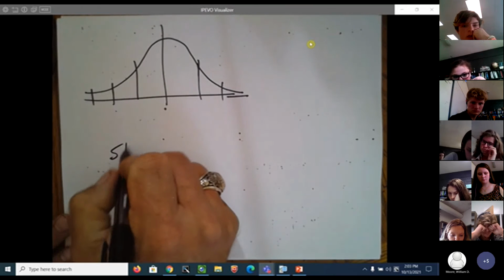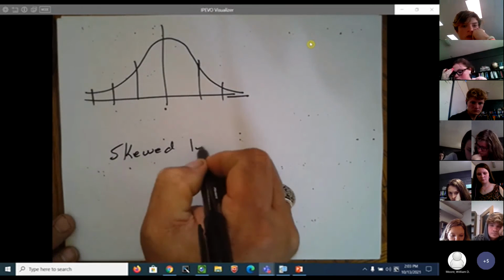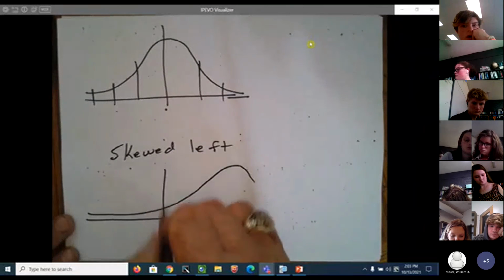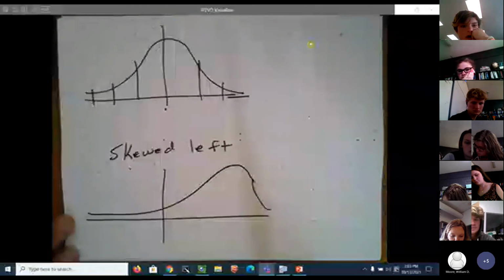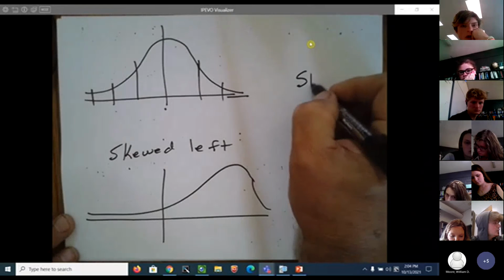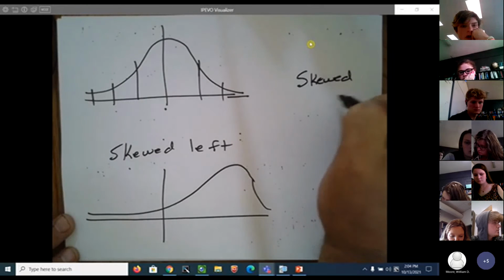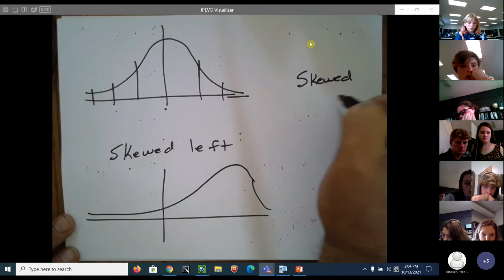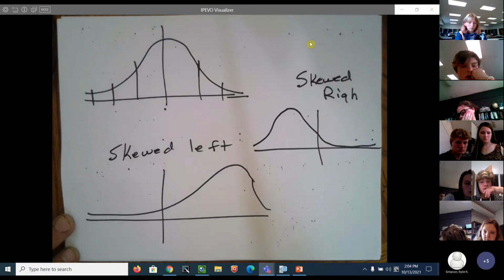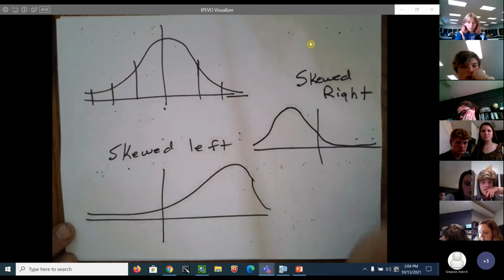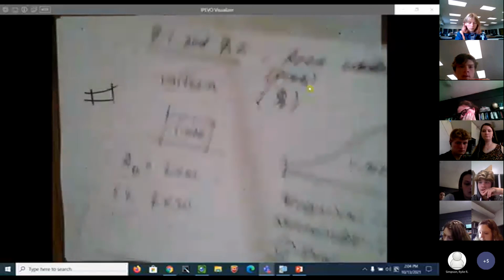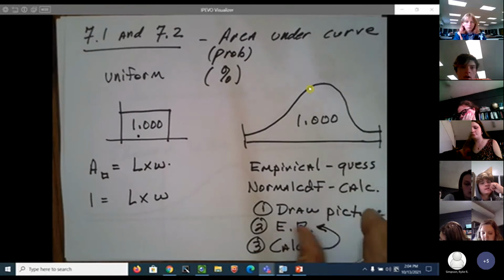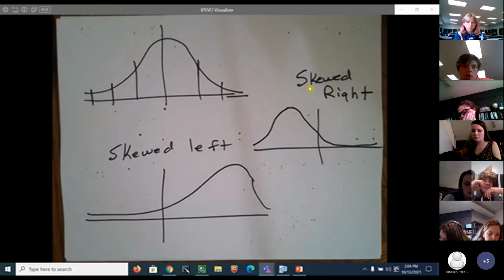And then you have skewed left, which all the data is on the right of center. And then you have skewed right, which all your data is to the left of center. So 7.1 and 7.2 is going to consist of the uniform distribution, normal distribution, skewed left, and skewed right.